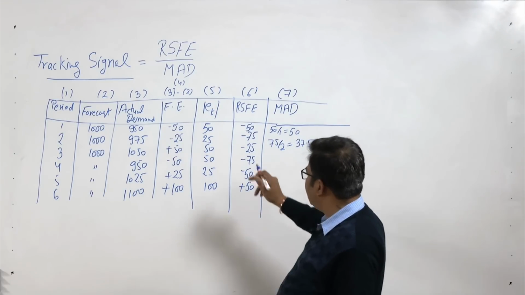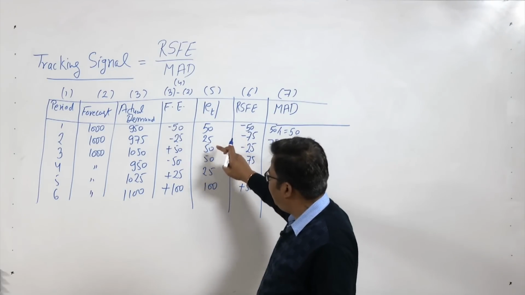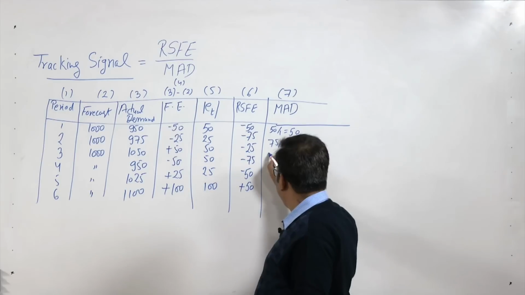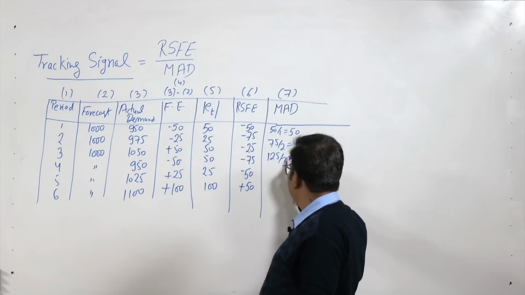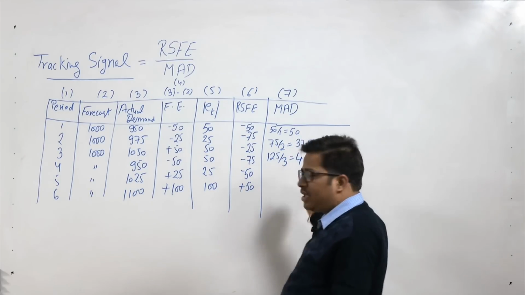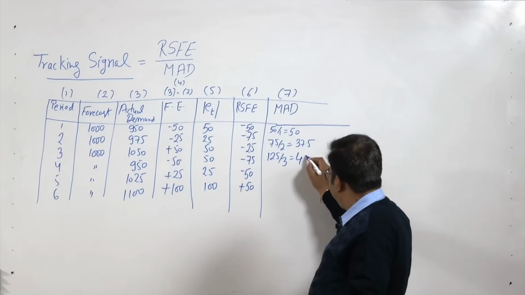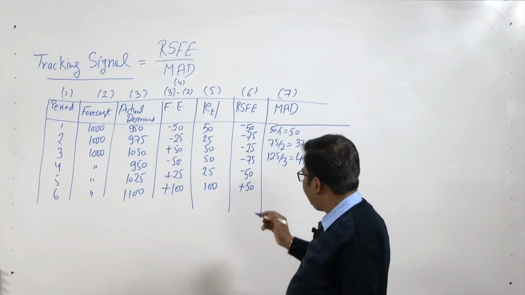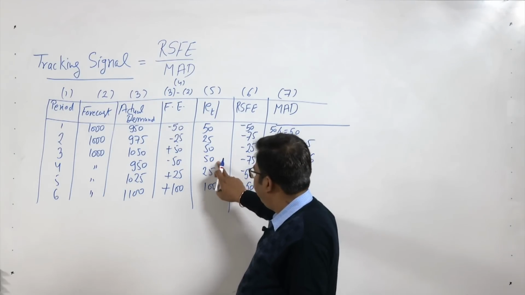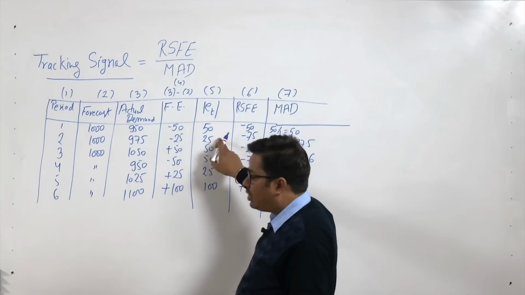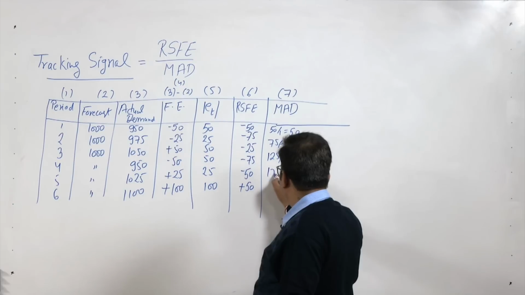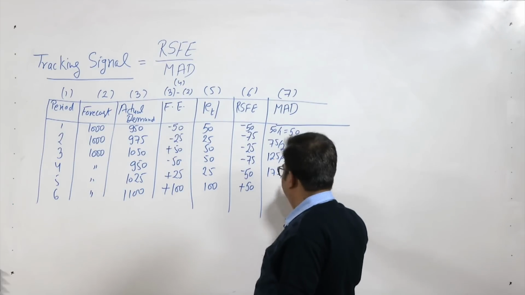Then in the third case, 50 plus 25 plus 50, it is 125 divided by 3, so it is 41.6. Then in the next case, 50 plus 25 plus 50 plus 50, 175 divided by 4.